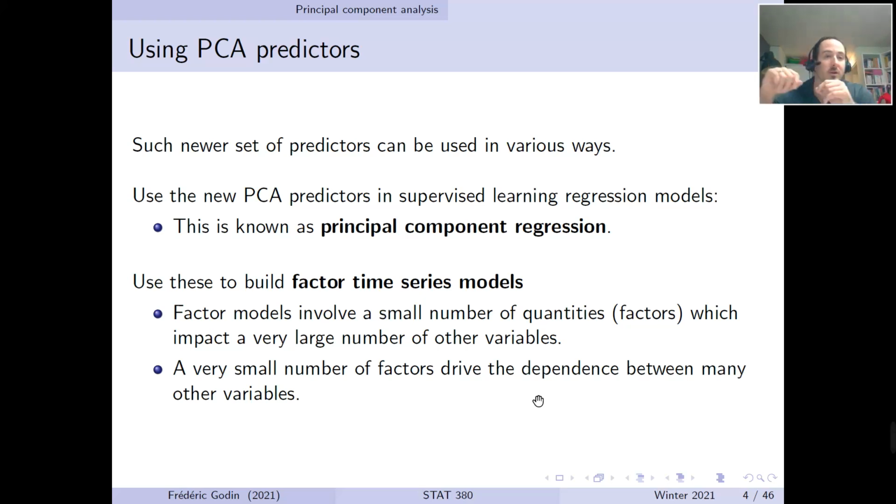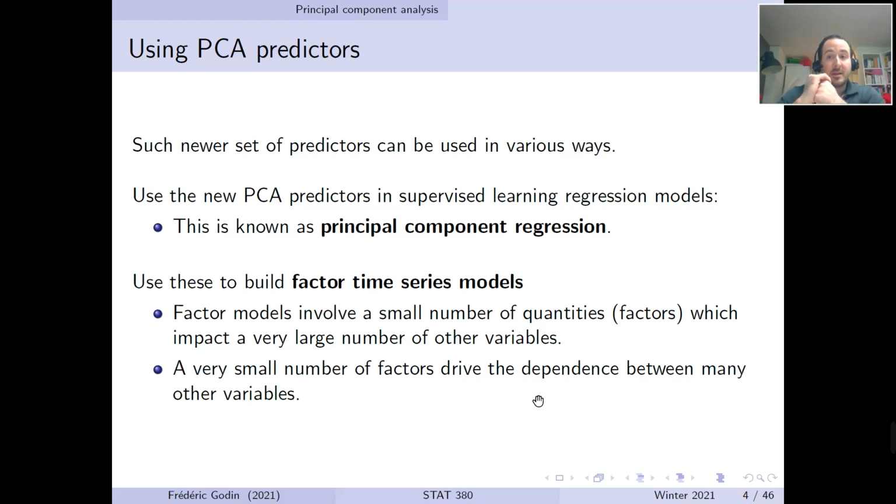We construct new ones, which hopefully summarize as much as possible the information in the original set, but where we have much fewer new predictors. And if we apply a regression on these new predictors, the idea here is because we have much fewer predictors in the new set, the variance of predictions should be much smaller. So it's very useful to come up with these new predictors.